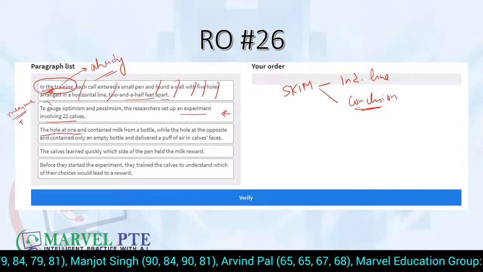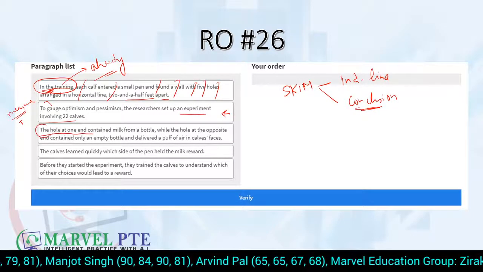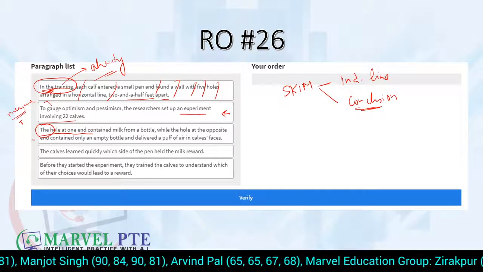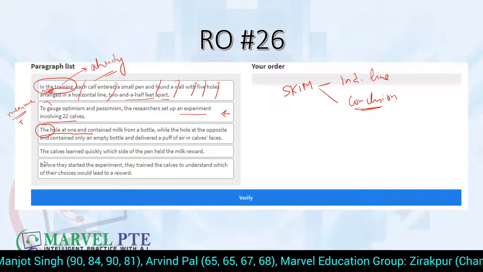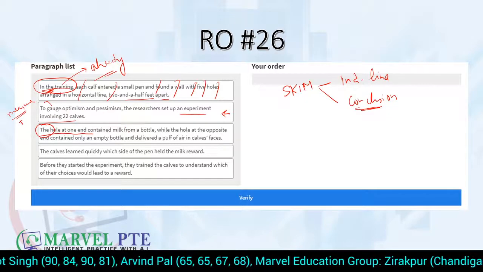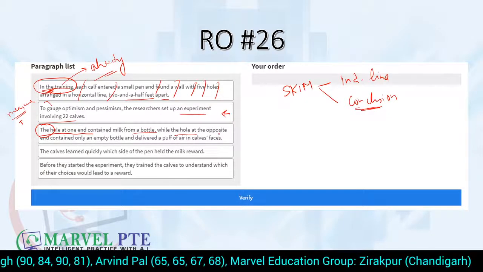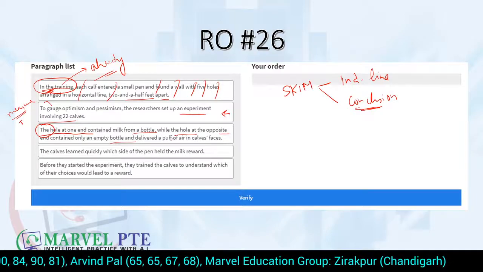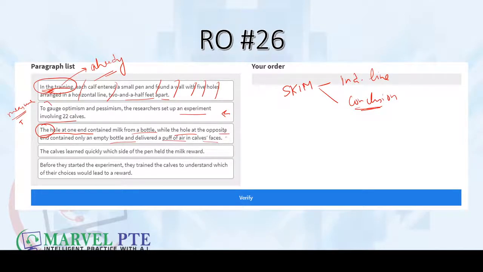The hole at one end, again the same reason, the holes would have been mentioned somewhere, but still let's skim it. The hole at one end contained milk from a bottle, while the hole at the opposite end contained an empty bottle, delivered a puff of air in calves' faces. Okay, so over here we would have talked about the hole already, so it cannot be your independent line.